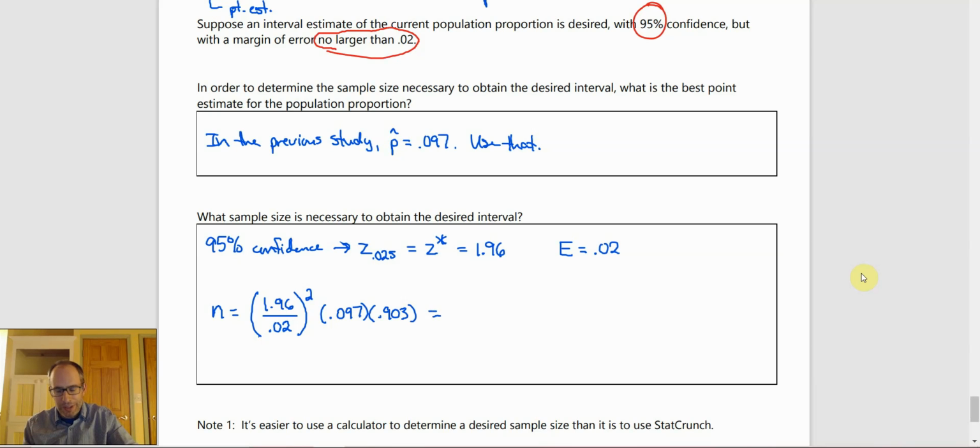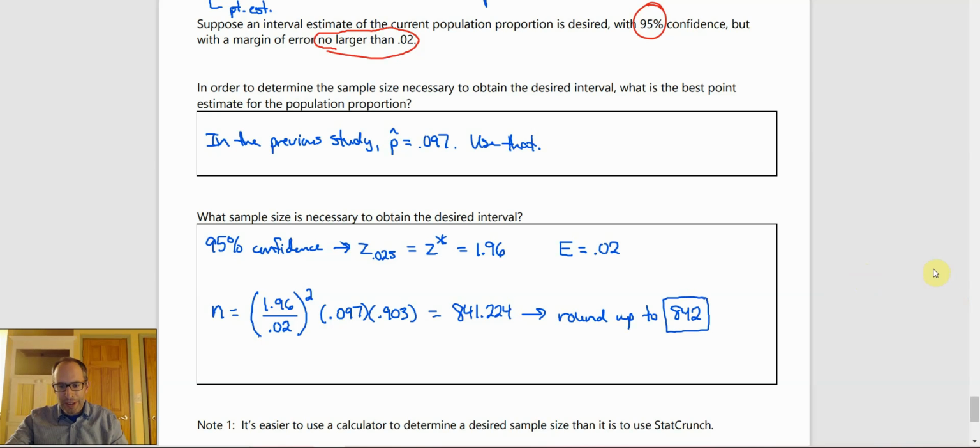If we simplify this, again, you probably want a calculator for this part, it's 841.224 to 3 places. But don't forget we've got to round up. This one feels weird because there's a 2 right after the decimal point. It feels really weird to round this one up, but you've got to. So round up to 842, and 842 is the answer.